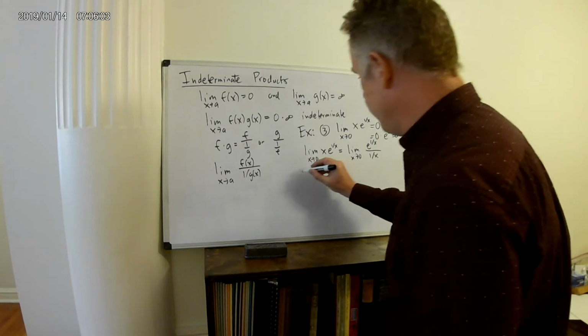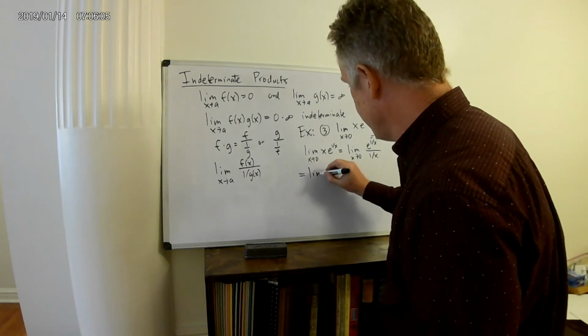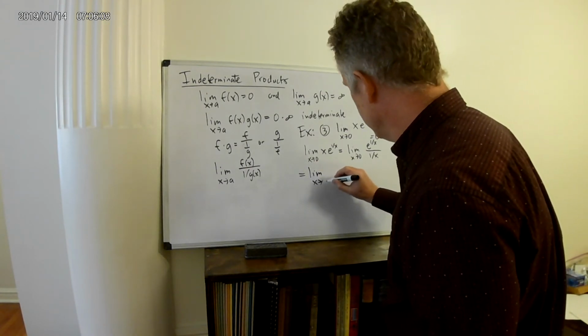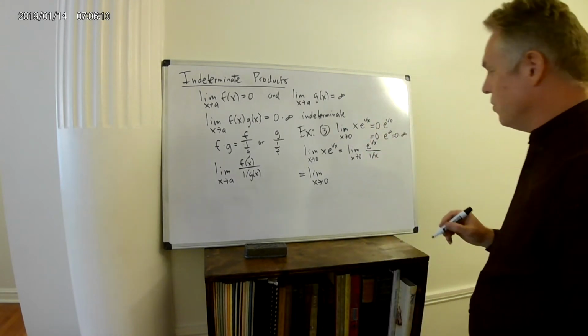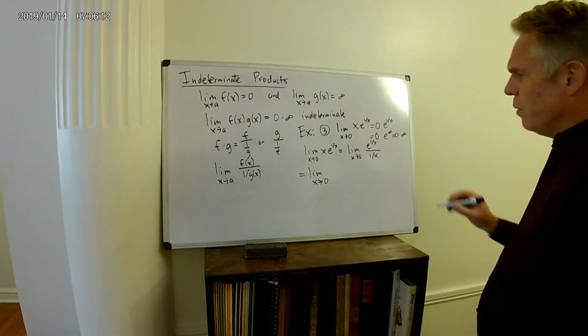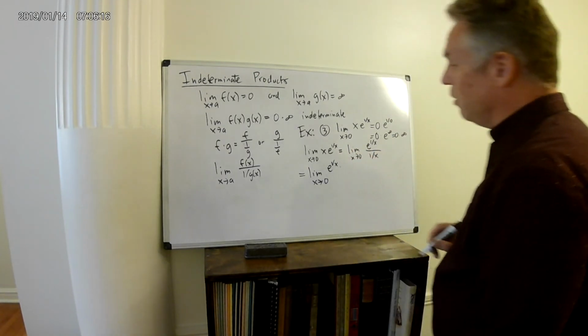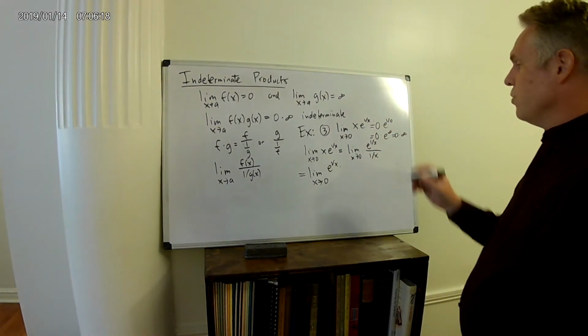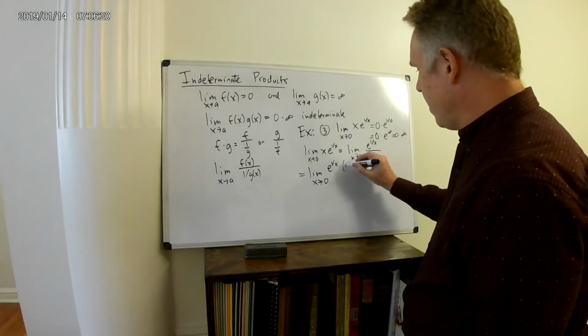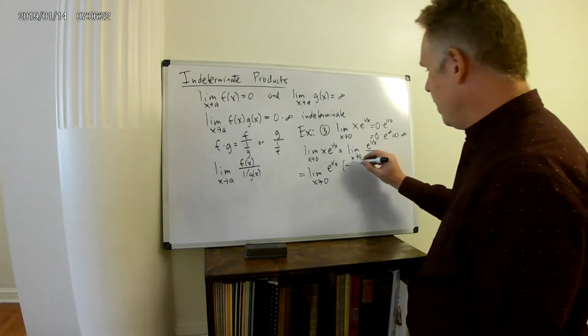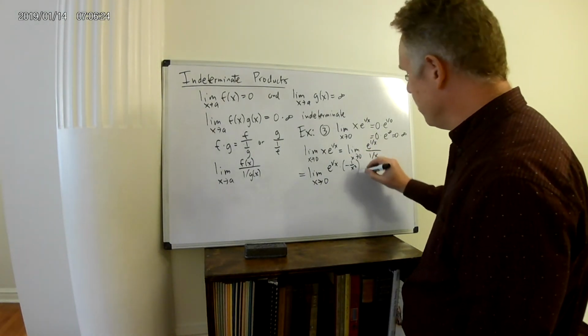If we take the derivative of what's upstairs and downstairs separately, what do we get? e to the u is e to the u times the derivative of u with respect to x, so we get a minus 1 over x squared upstairs.